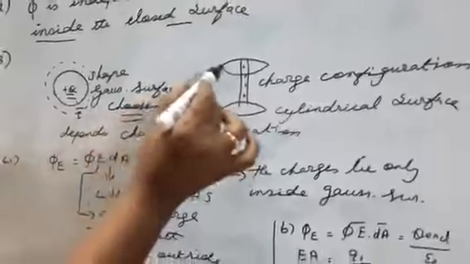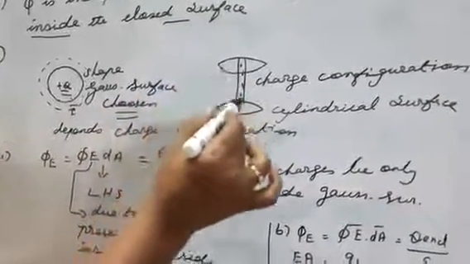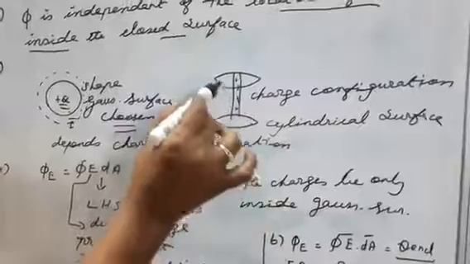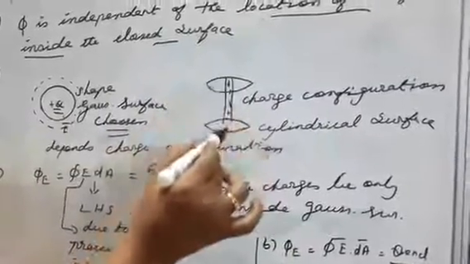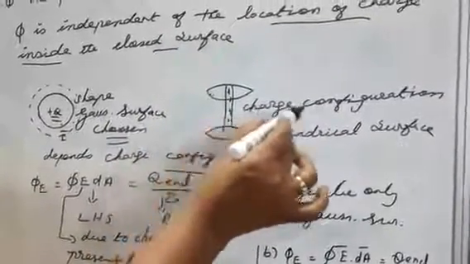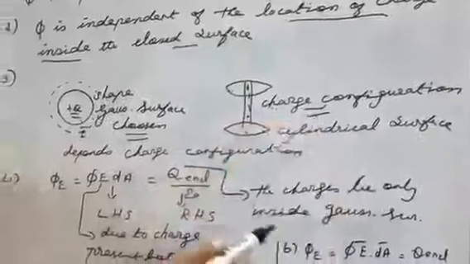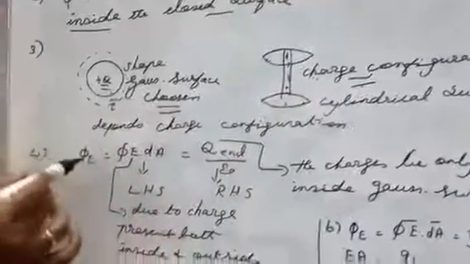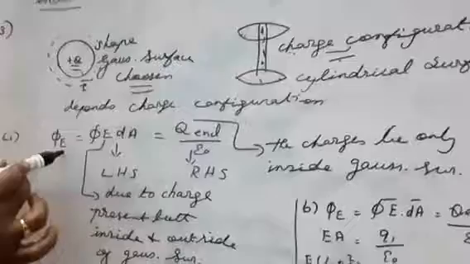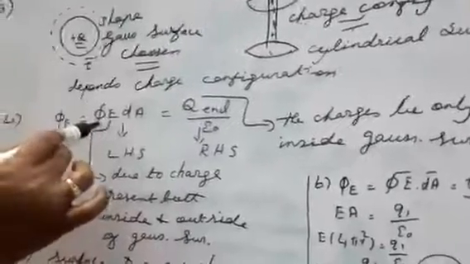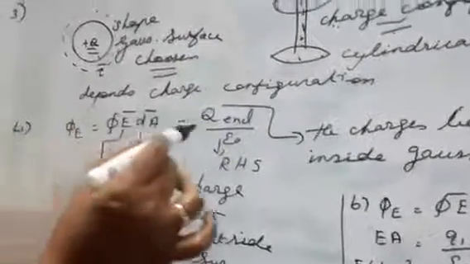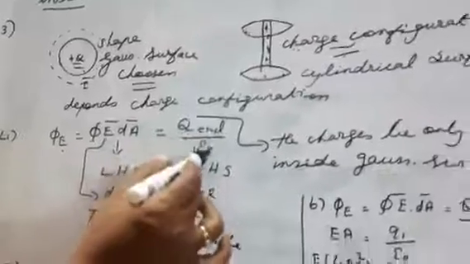Therefore, the spherical Gaussian surface is chosen. The cylindrical and planar Gaussian surfaces can be chosen for other kinds of charge configuration. Here, the fourth point: take the formula phi E is equal to the closed integral of E dA, which is equal to Q enclosed by epsilon naught.